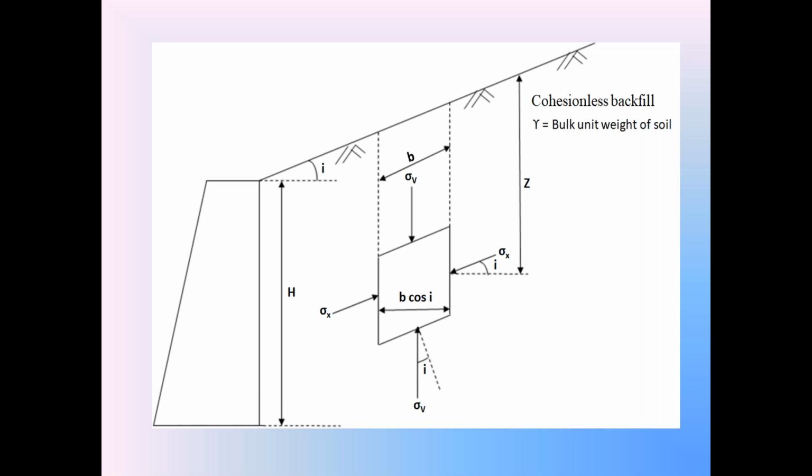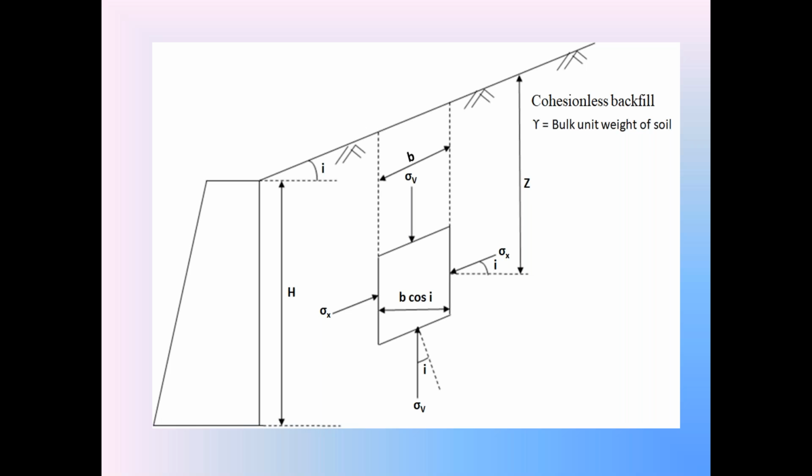The principal stresses are perpendicular to the surface on which they act. Whereas here sigma v is not the principal stress, because sigma v is not perpendicular to the top surface and bottom surface of the element. Sigma x is also not a principal stress because it is not perpendicular to the vertical sides of the element. Sigma v and sigma x are called the conjugate stresses.